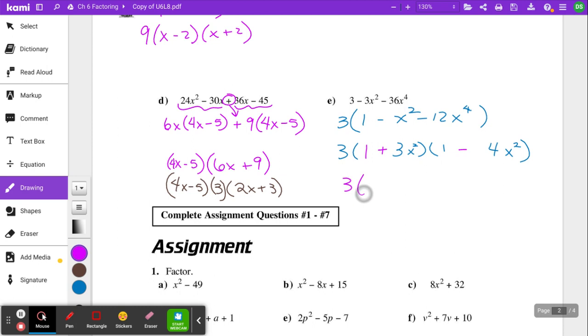So, copy, 2 brackets. 1 minus 2x, 1 plus 2x. By the way, how many factors are there now? Four? Yeah. 4. Okay, good review.